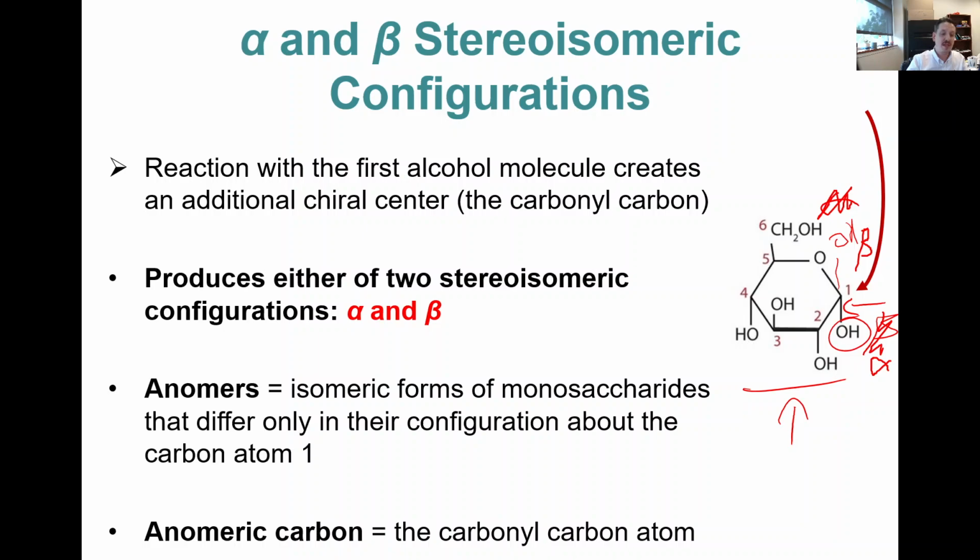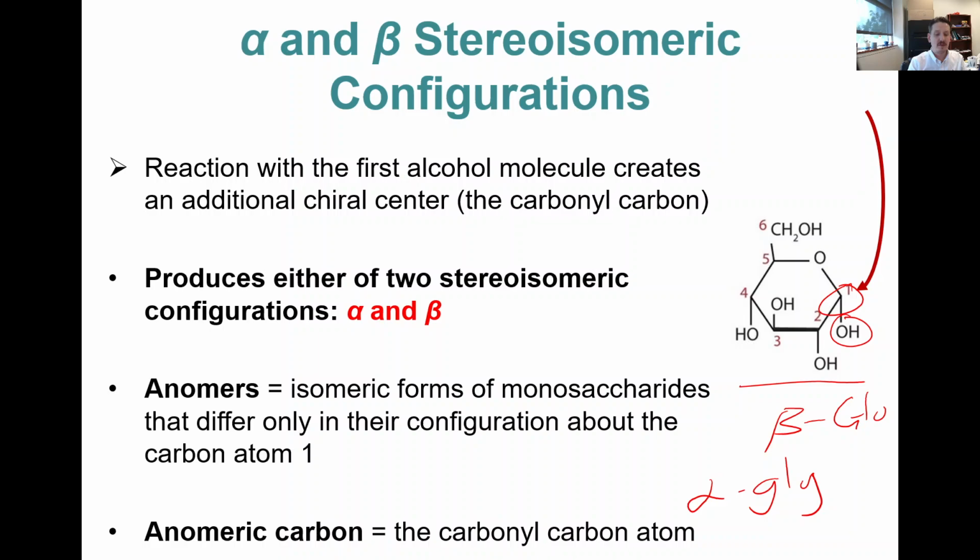So what they have drawn here is glucose, and because the OH is down on the anomeric carbon number 1, this is alpha glucose. And if the OH was pointing up, then it would be beta glucose. So beta, carbon 1 up, alpha, carbon 1 down. So this is alpha glucose.